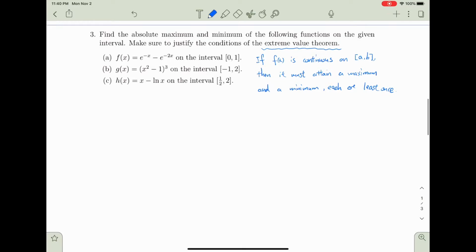So the condition for the extreme value theorem is that the function f of x must be continuous, and it must be continuous on a closed interval. These two points are very important. It must be continuous first, and the interval has to be closed. If you have an open interval, then it doesn't work. So make sure to check these two things, continuous and closed. That is the key point.